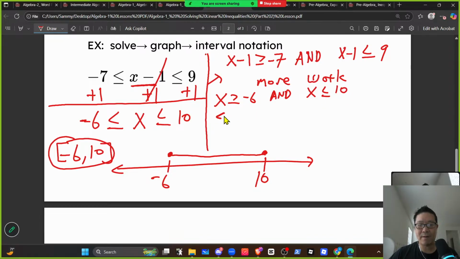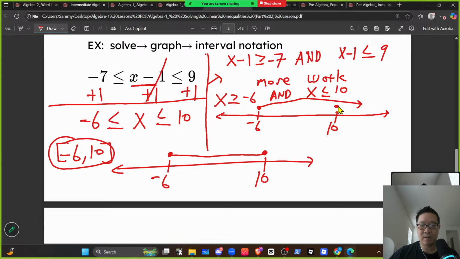And then to graph this, you would do the exact same thing. You have -6 here, you have 10 here. X is greater than or equal to -6, closed circle, pointing to positive infinity. X is less than or equal to 10, closed circle, pointing to negative infinity. And since it's an and statement, your answer is going to be the intersection of the two, which is the exact same thing as this.